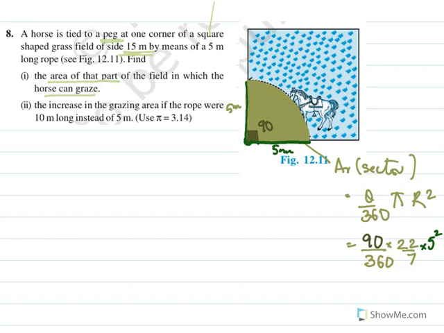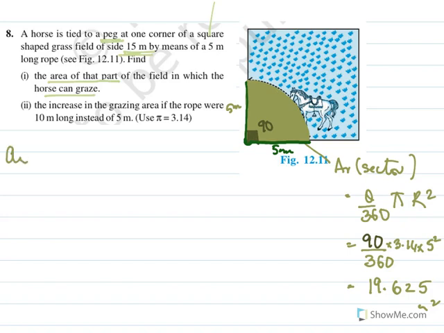And when you calculate this answer, I think you have to put pi, I made a mistake here, not 22/7, it is to be put 3.14. And r is 5 square. On calculation of this, you will get 19.625 meter square.